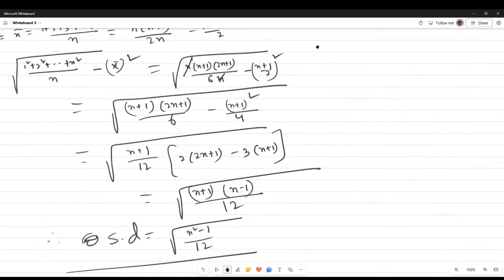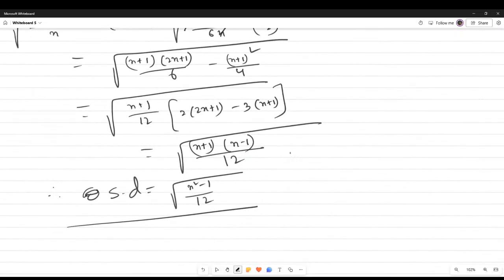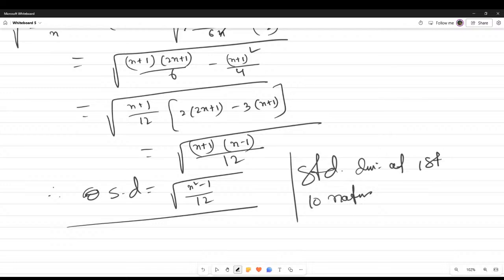So if they have asked you the standard deviation of the first n natural numbers, this is going to be under root n square minus 1 by 12.